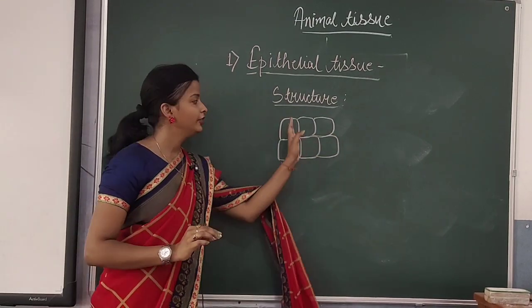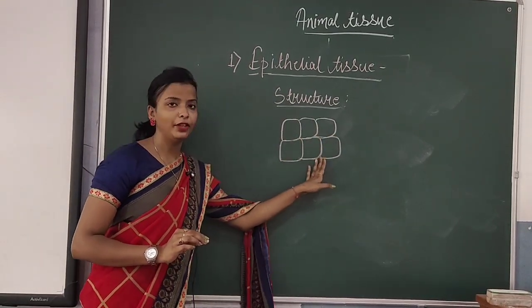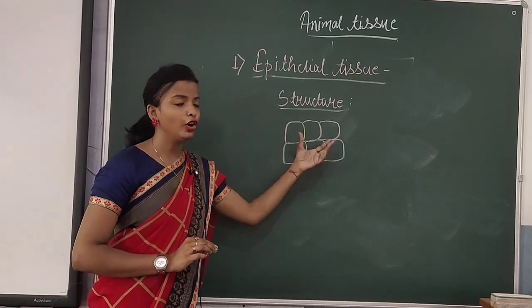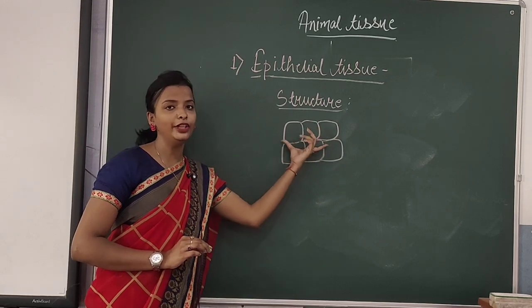You can see the rectangular or cuboidal shape, and they are closely packed, meaning no intercellular space is present between two cells.